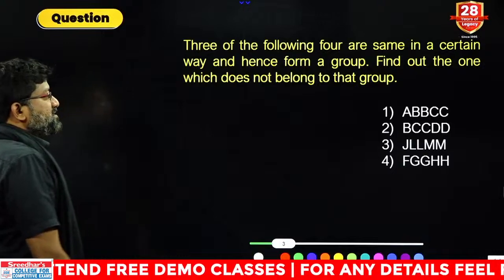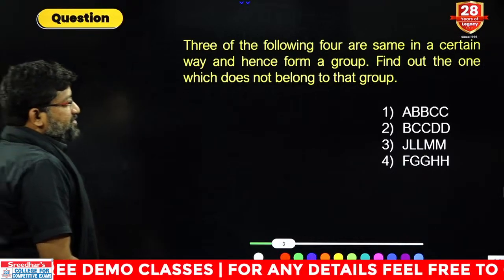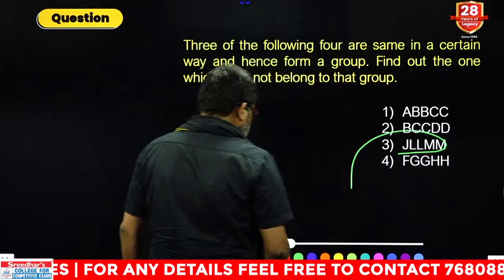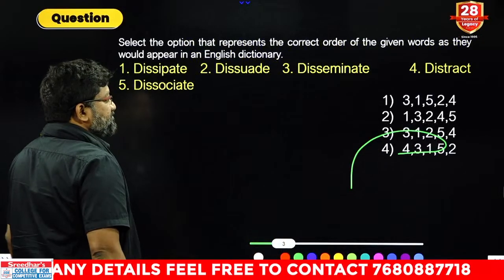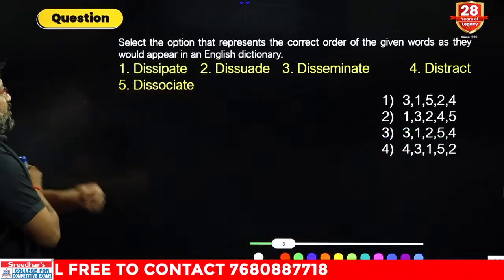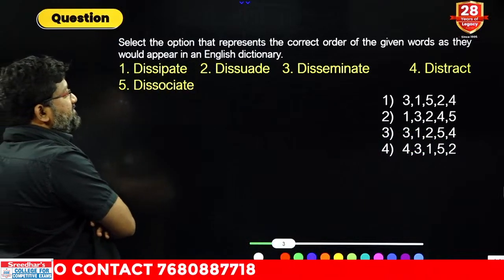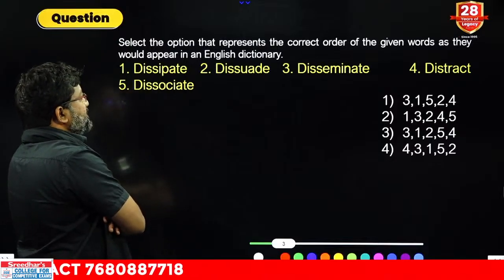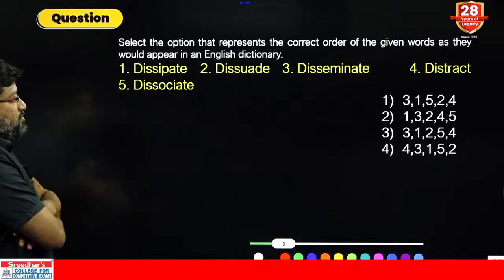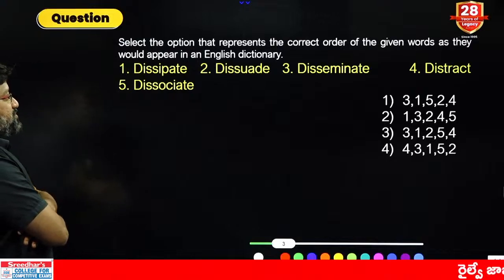Chalo, 3 consecutive letters. Select the option that represents the correct order of the given words as they would appear in an English dictionary. Come on, come on. I would like everyone to try this question.